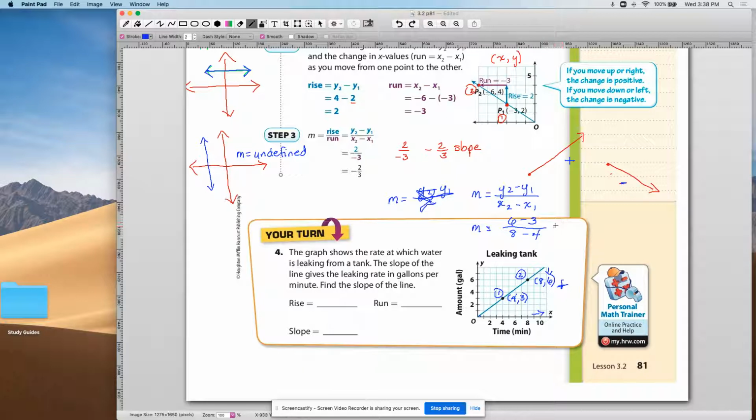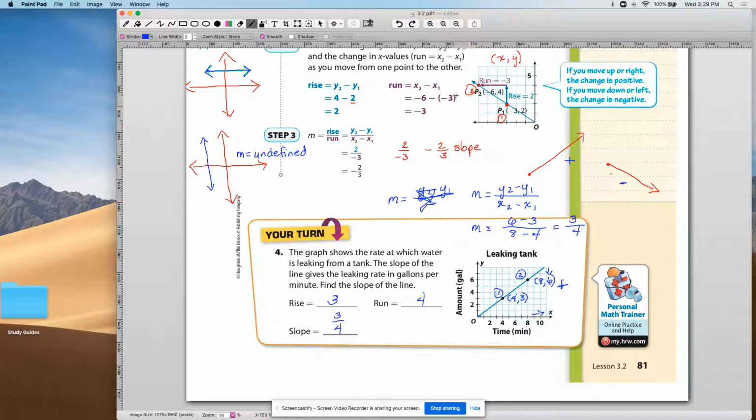Okay, so I'm going to continue. 6 minus 3 is 3. 8 minus 4 is 4. And it cannot reduce anymore, so we're done. So the rise is 3, the run is 4, and the slope is rise over run, which is 3/4. Okay, that's how you would find slope.